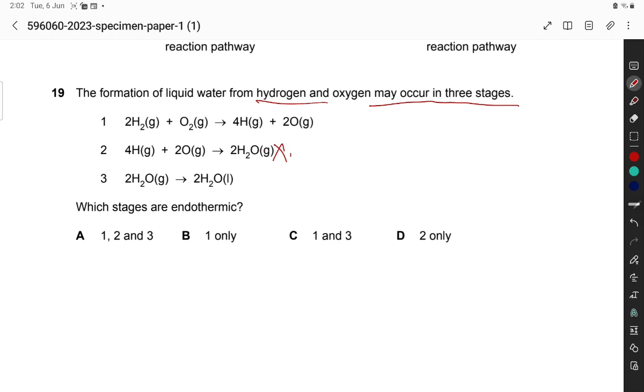Breaking of hydrogen molecule to hydrogen atoms needs a lot of energy. So this is endothermic. This is not endothermic. Water gas changes into liquid. This is a physical change, and when gas changes into liquid, this is exothermic. So which stages are correct? One only.